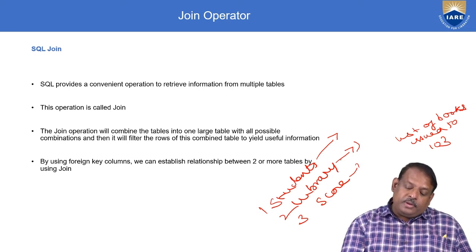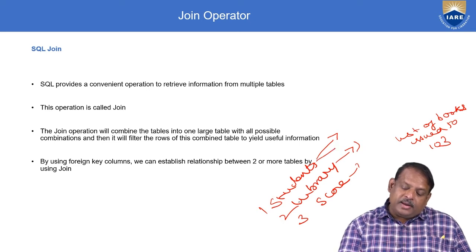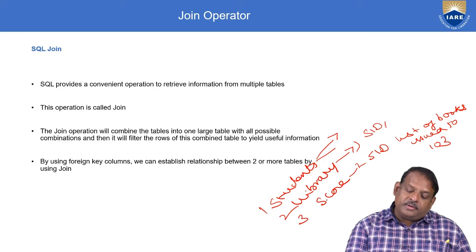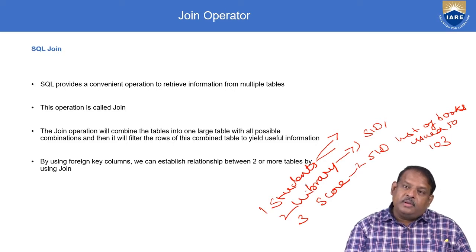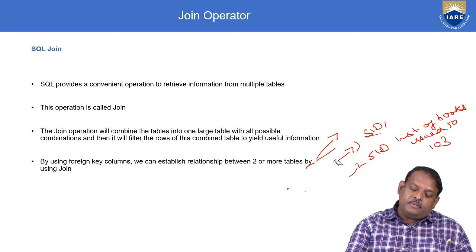Here the student ID is in the master table. In the second table there will be a student ID column also. Score also has student ID. Now these three tables are in relation. So by passing the primary key, we are going to get the data from these three tables.